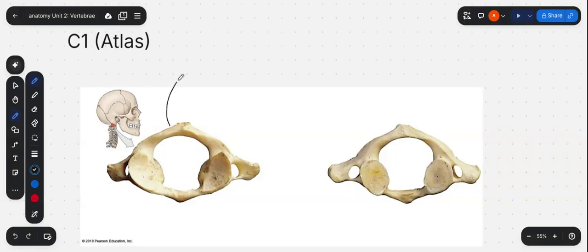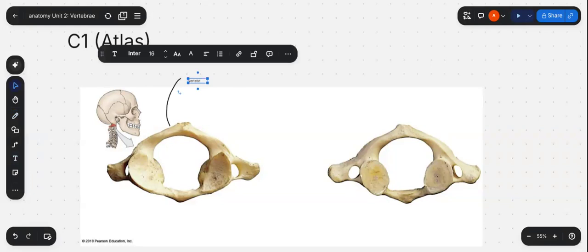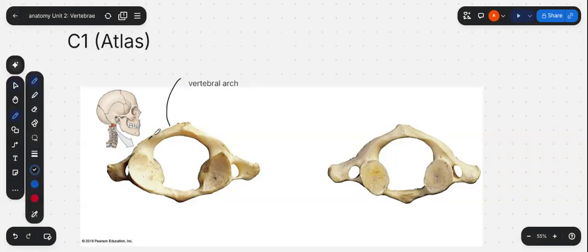So for C1, what do you have? First of all, you have your vertebral arch, which is basically just going to be this whole portion that kind of looks a little bit like a bridge area. So this is your vertebral arch. Then you have your horizontal articular processes, which are going to be these portions up here at the top.